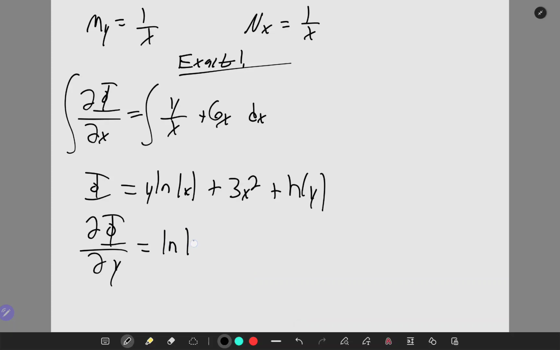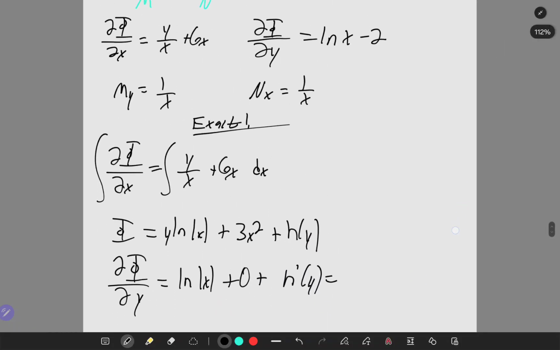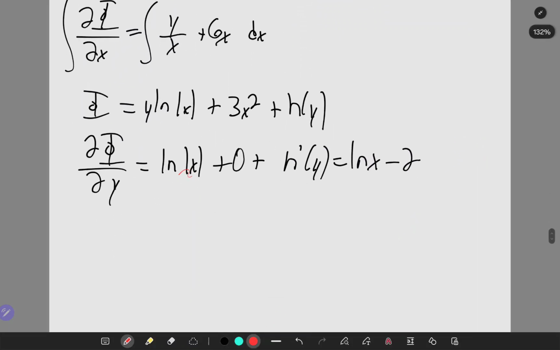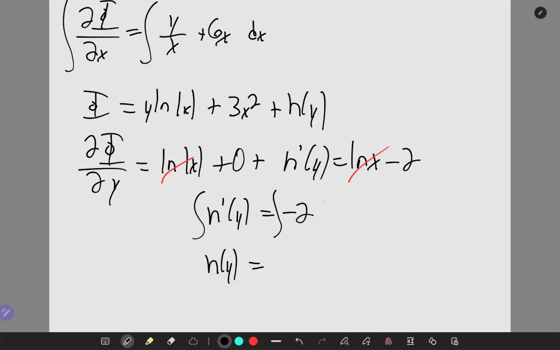We're left with natural log of x plus, that would be 0, plus h prime of y is equal to, we look back up here, d phi dy is equal to ln of x minus 2. Okay, now this cancels with this. So then we're left with h prime of y is equal to negative 2. Integrate both sides. H of y, with respect to y, is equal to negative 2y.